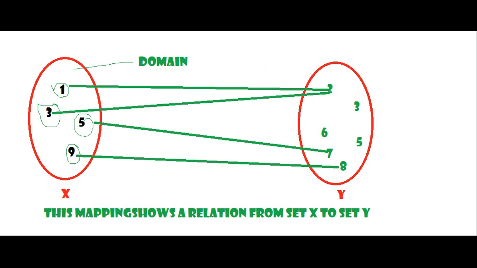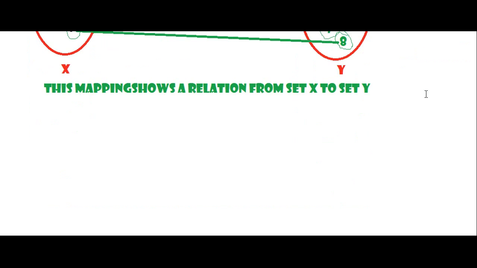And these, the elements 2, 3, 6, 5, 7, 8, this set of y will be called range. So the first elements of the ordered pairs 1, 3, 5, 9 will be called domain. The second elements of the ordered pairs 2, 3, 6, 5, 7, 8 will be called range.